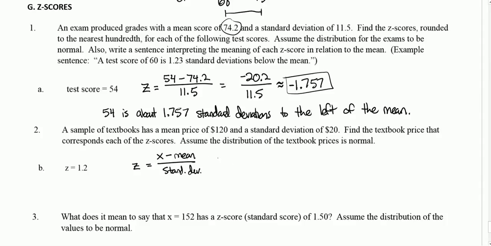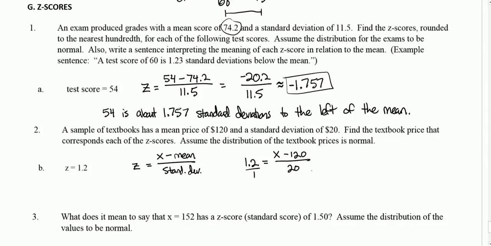And so we're going to plug in what we do know. We know that 1.2 is our z-score. We don't know the price of this textbook. We know the mean is $120, and we know the standard deviation is $20. And so here's an equation I have to solve.